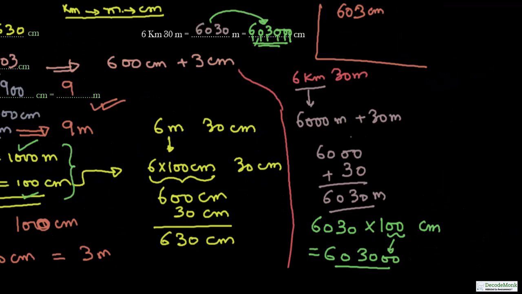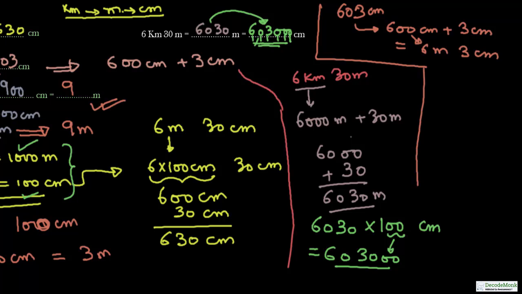So here you read 603 centimeter. So 600, because we are going from centimeter to meter, we have to keep in mind 100. So 600 centimeter plus 3 centimeter is equal to 6 meter and 3 centimeter.